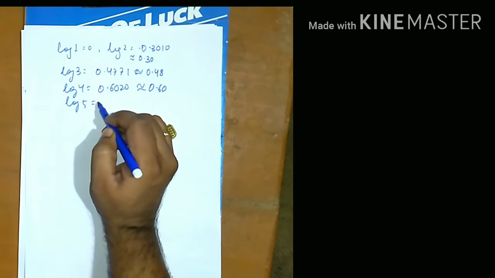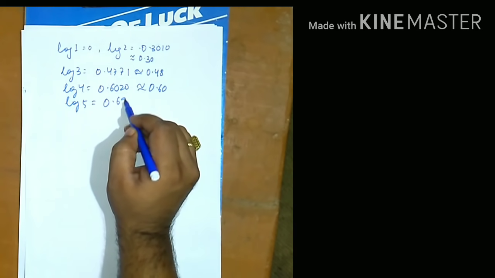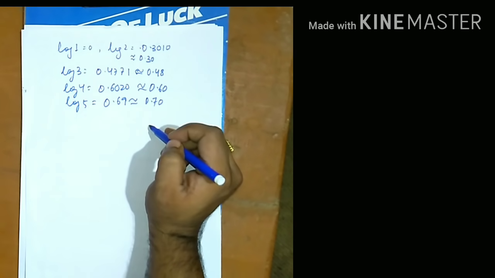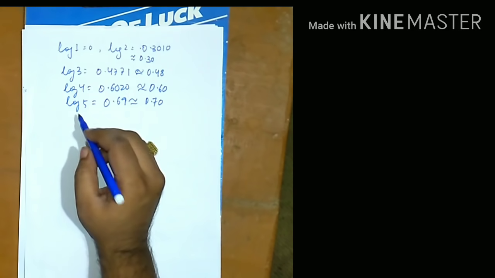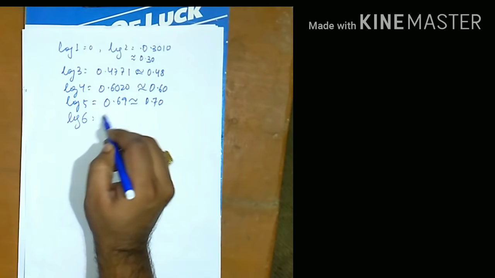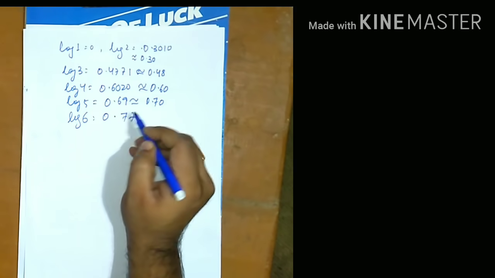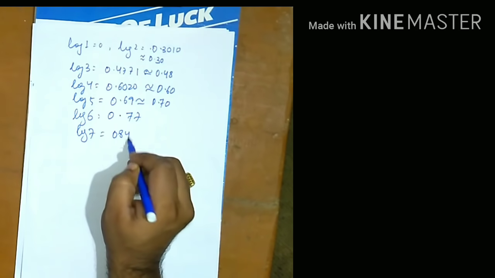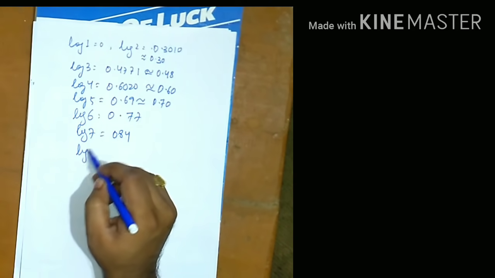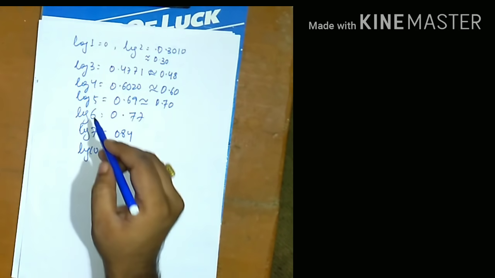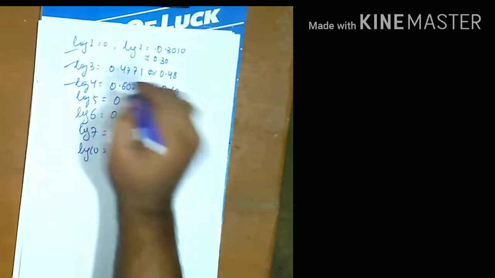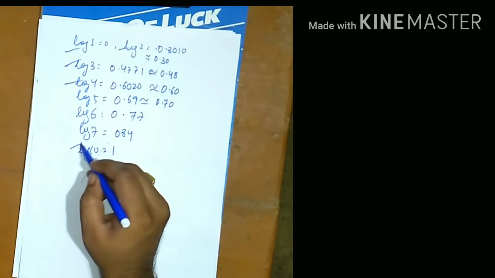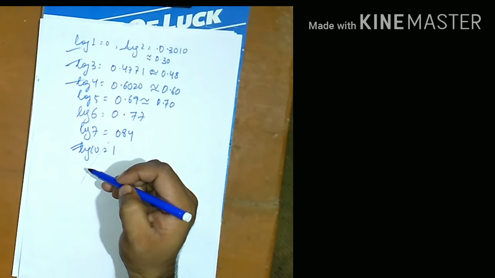Log 5 is 0.69, approximately you can take 0.70. Log 6 is 0.77, log 7 is 0.84, and log 10 is 1.